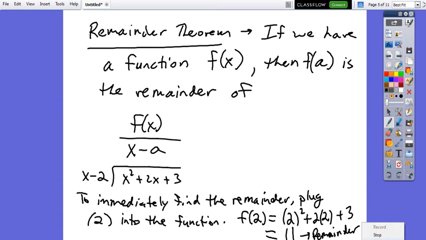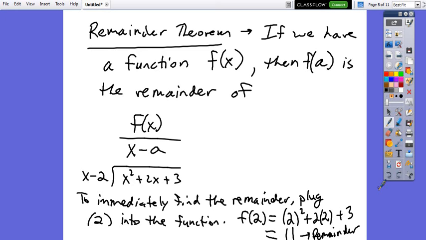Okay, so the remainder theorem says that if we have a function f of x, then f of a is the remainder of the expression f of x, whatever the polynomial is, divided by x minus a.